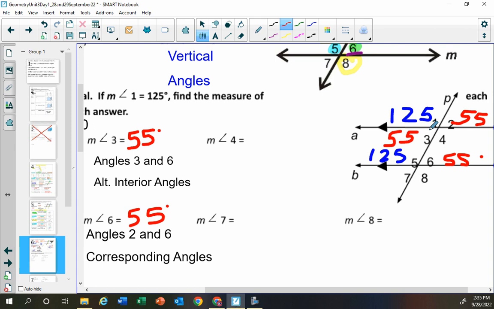That's a rule. And you don't have to solve all these in order. Notice how we jump from 2 to 5 to 6, back up to 3. Question: would 8 and 4 be consecutive interior? Not 8 and 4. They have another relationship.